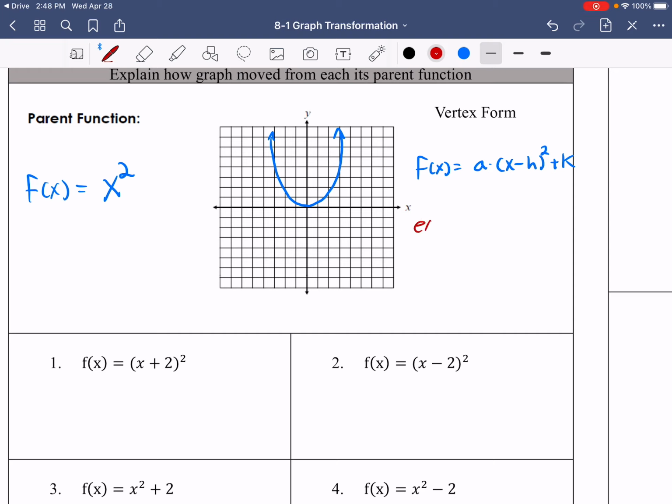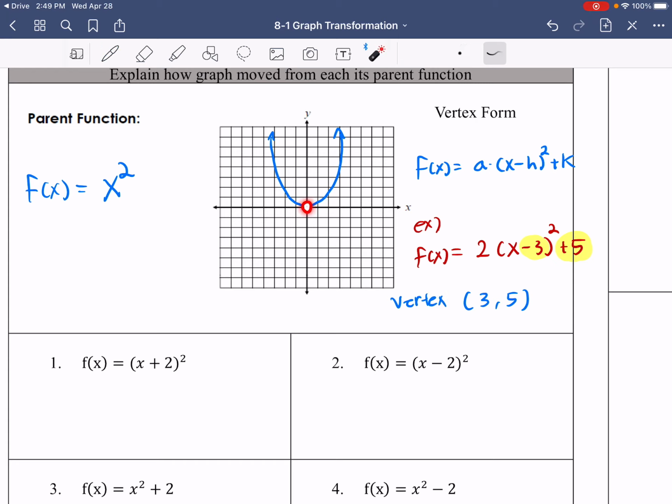For example, let's say you have f of x equals 2(x minus 3) squared plus 5. Your vertex is the opposite of negative 3, which is positive 3, and plus 5. Always remember, the x value, you do it opposite. 3 comma 5. That's the vertex, okay?